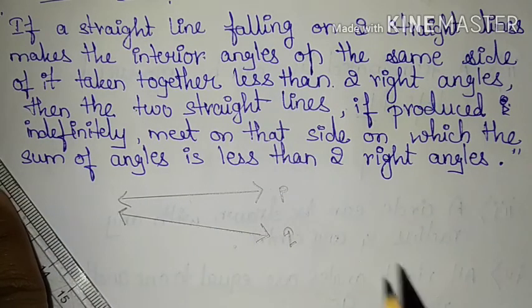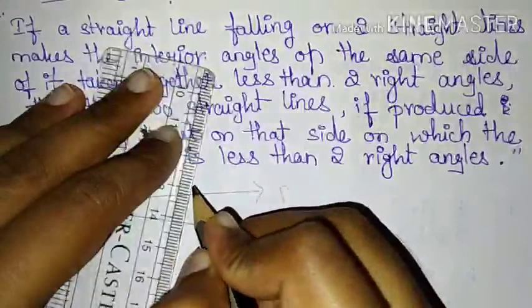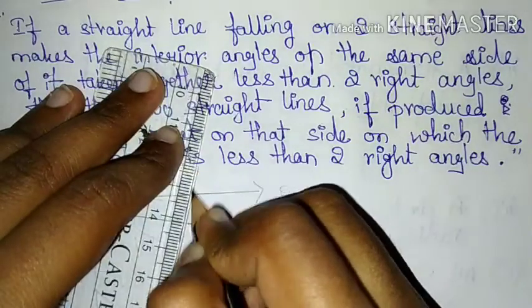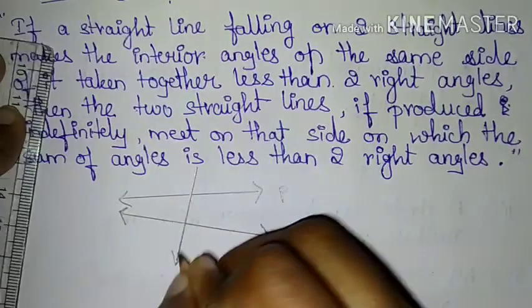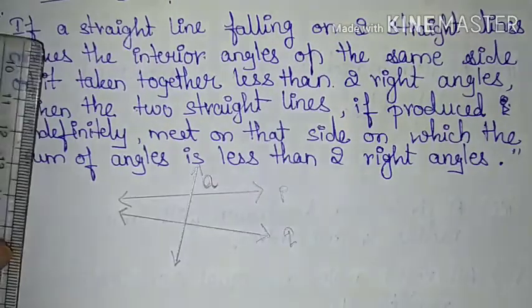So now a straight line is falling on two straight lines. So we have a third line which is falling on these two straight lines. Let this line be line A, small letter a.